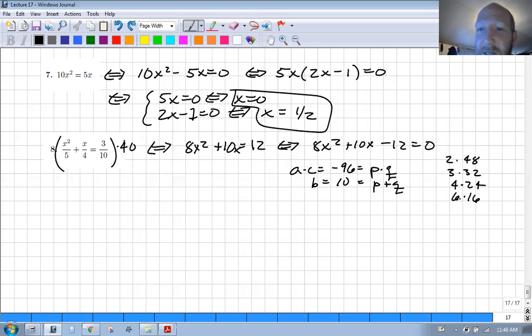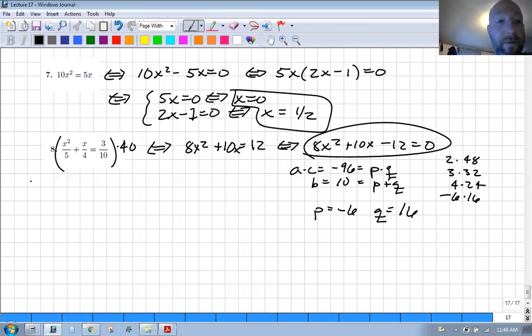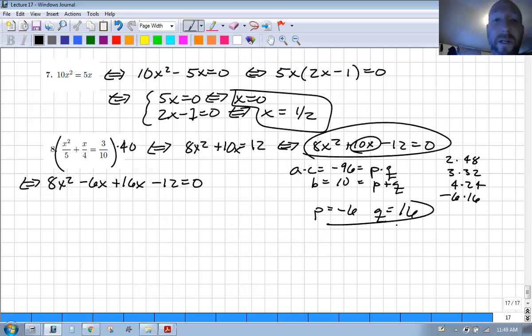So what if we did a negative 6 and a positive 16? Those multiply to give us negative 96 and add to give us 10. So we let P and Q be those numbers. So we're going to rewrite this guy here. We'll take this 10x and rewrite it as a minus 6x plus 16x. Based on our P and Q here.